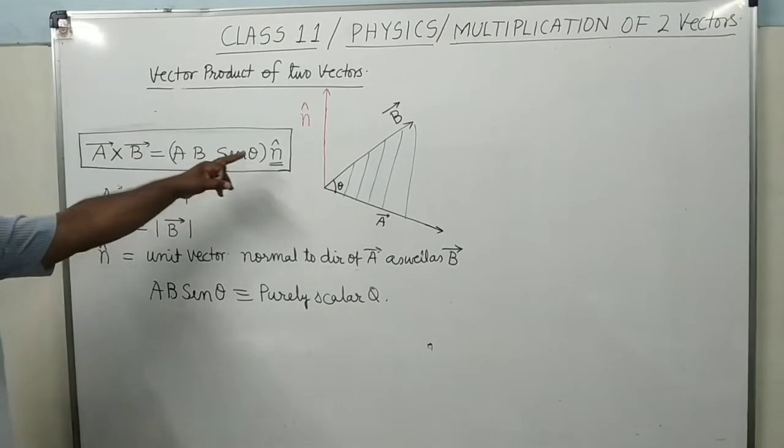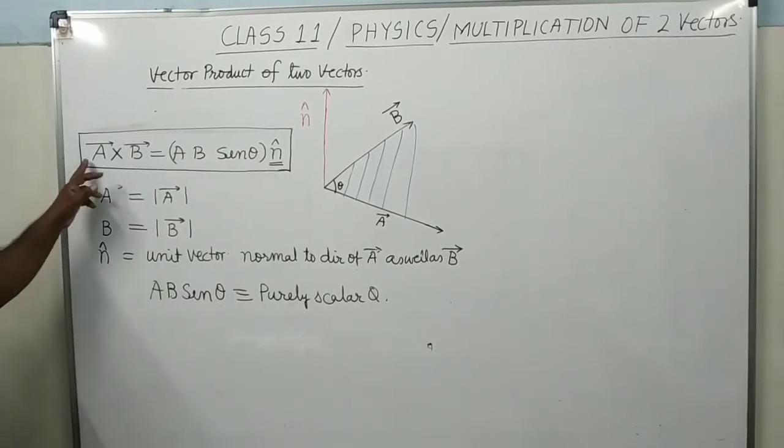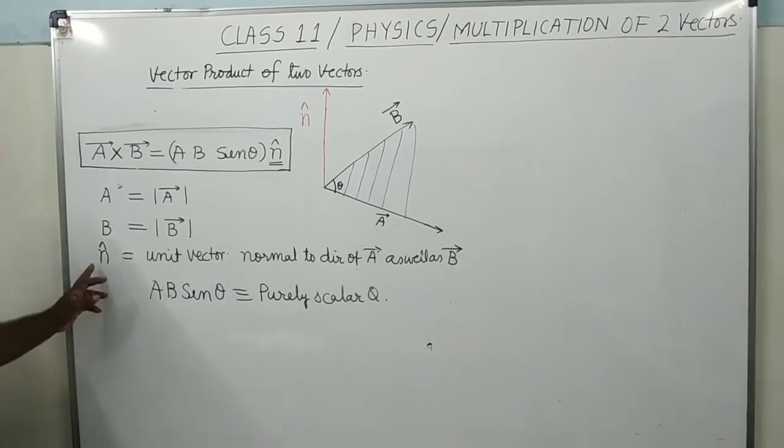And what will be the direction of the unit vector? In the direction of vector A cross vector B. So what is the unit vector?